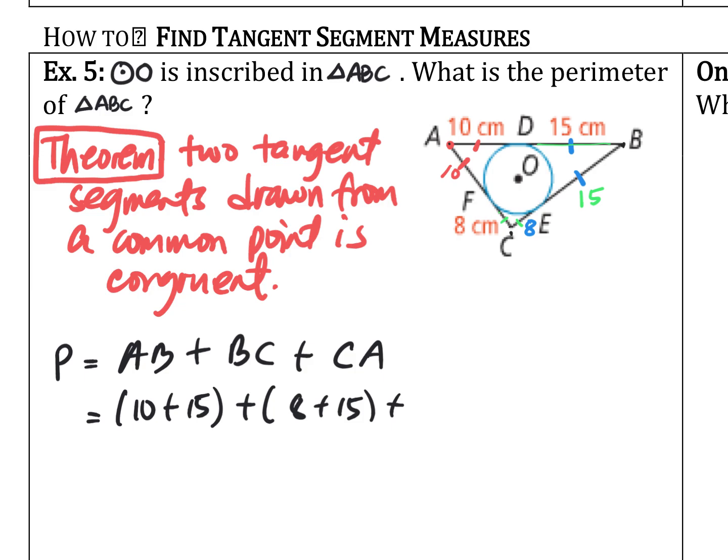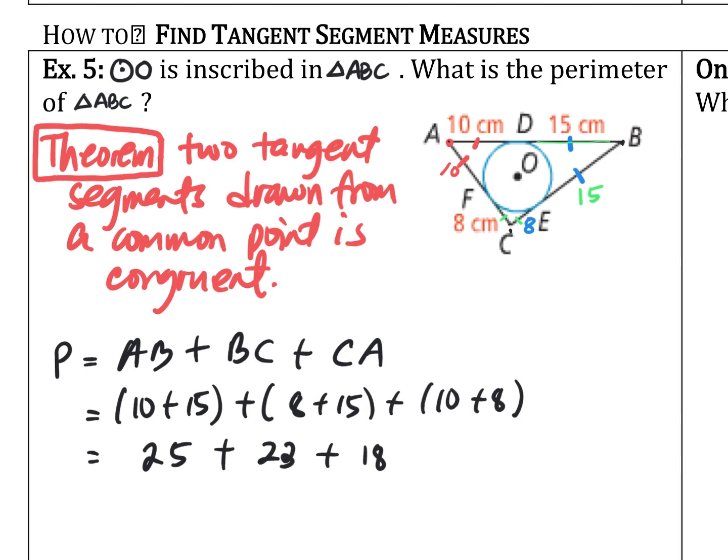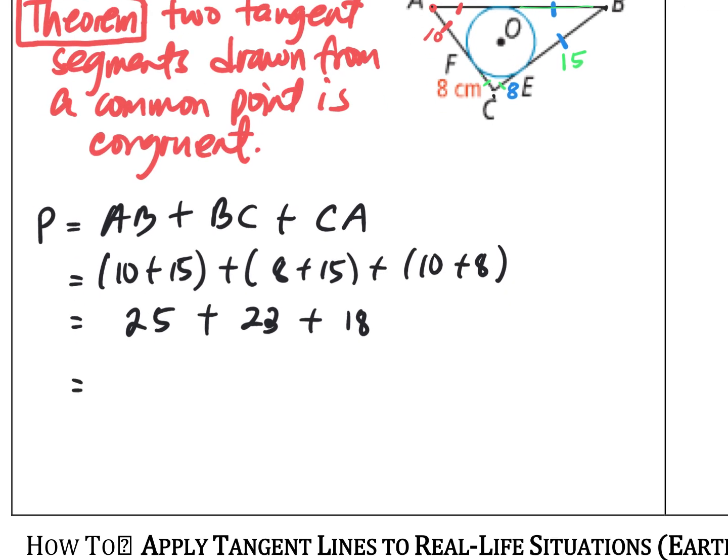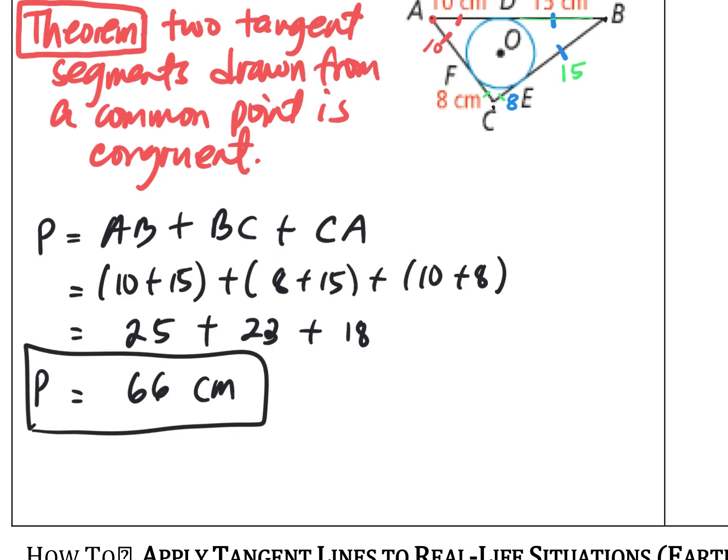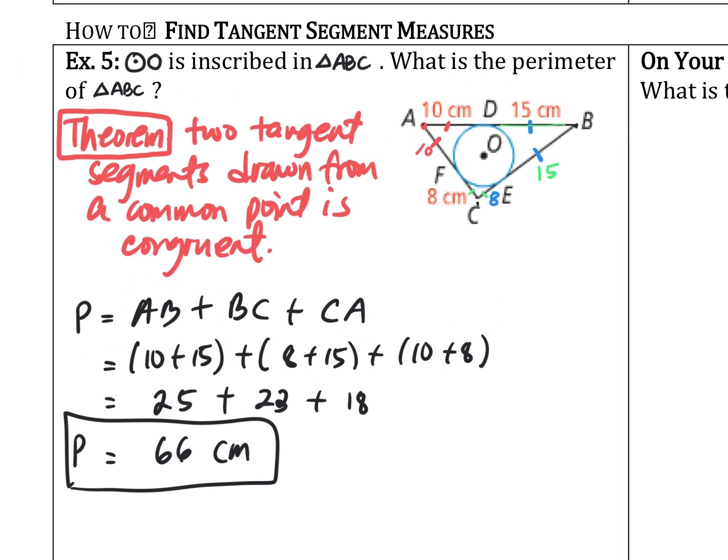And your C to A is going to give you 10 plus 8. Okay, so if we're going to be adding that together, this is going to give you 25, this is going to give you 23, and this is going to give you 18. Okay, adding it up, 25 plus 23 plus 18, it's going to give you 66 centimeters. So the perimeter is only 66 centimeters.